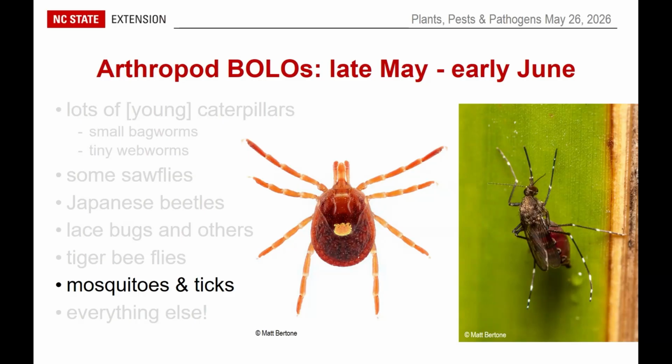And of course, make sure you get rid of small water containers around your yard and the neighborhood to keep mosquito breeding sites down. If you have a bird bath or something you want to keep wet, you can sometimes treat it with BT dunks or things that will kill the mosquito larvae in them.